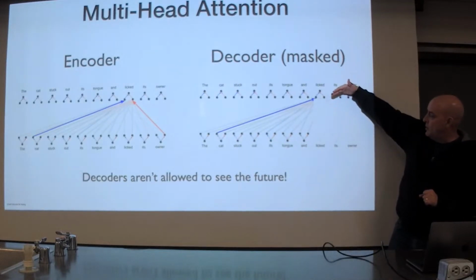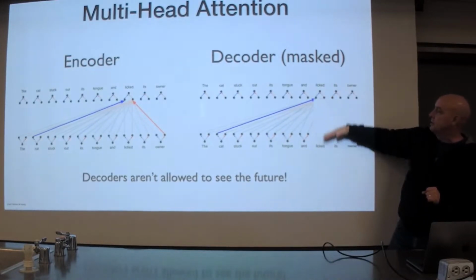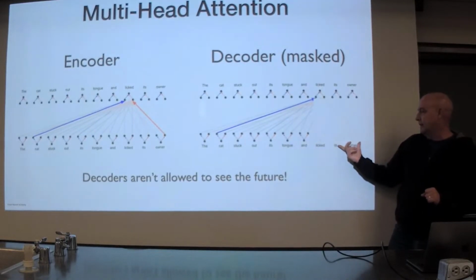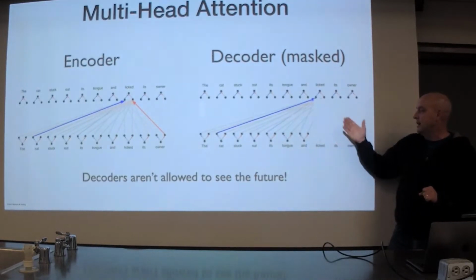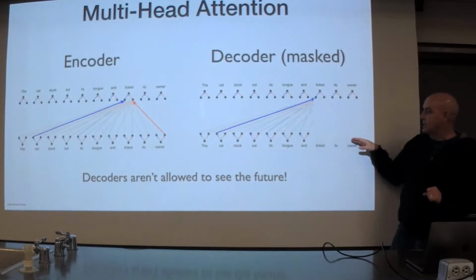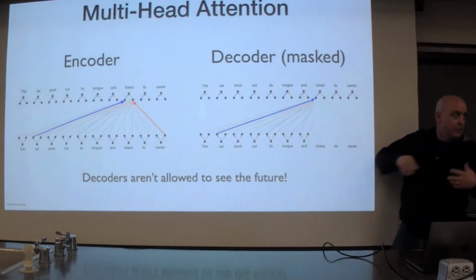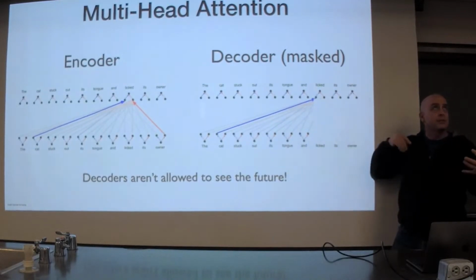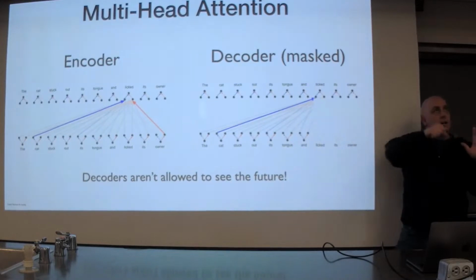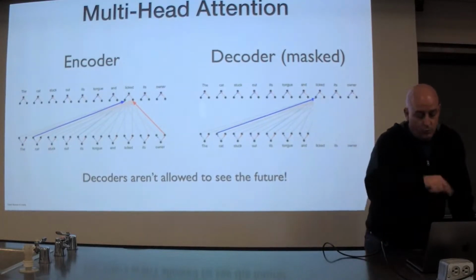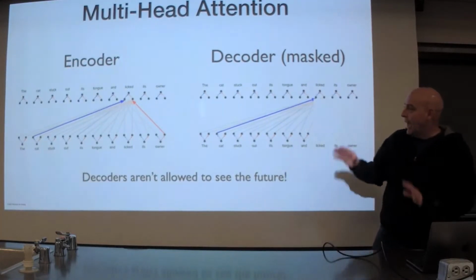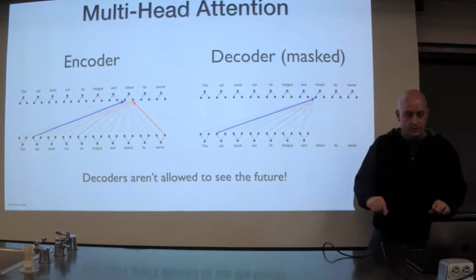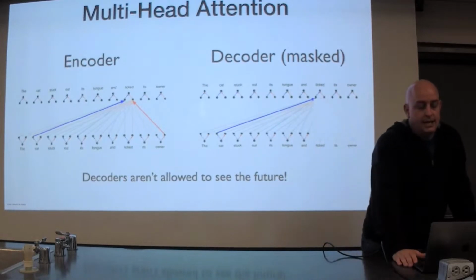So when we were decoding, we had to put in this additional constraint that even though there is this information that we could have made use of, we set the attention values here to 0 so that we don't pay attention to these things, so that we preserve this ability to generate in the way that we expect, which is one token to the next. But actually, you can have encoder transformers, you can have decoder transformers, and you can have encoder and decoder transformers. And we'll talk about all three of those today and how each one of those is trained.